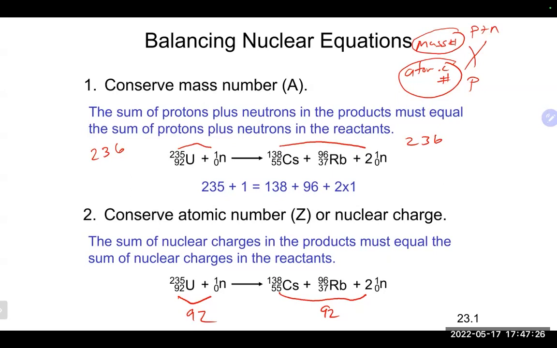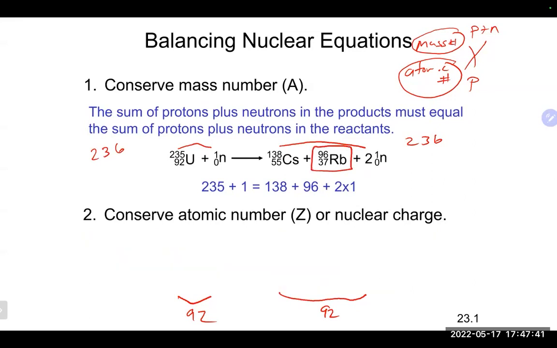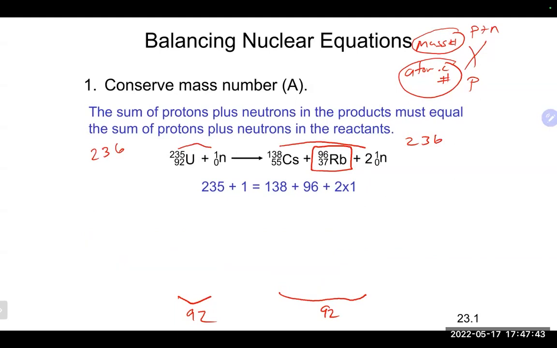Well, one way is something could be missing from this equation. For example, if we took out this one right here and we weren't sure what that was, we can look back at this and add up the bottom numbers, as that is going to tell us what element or particle is missing. On the left-hand side, we have 92.